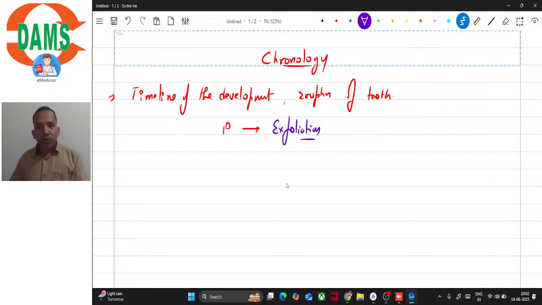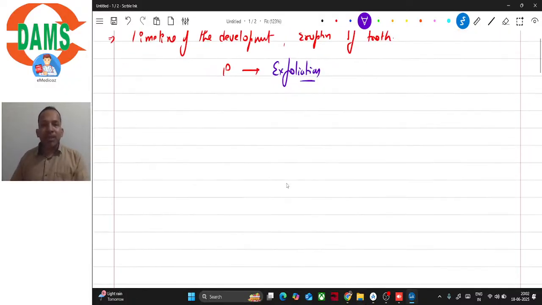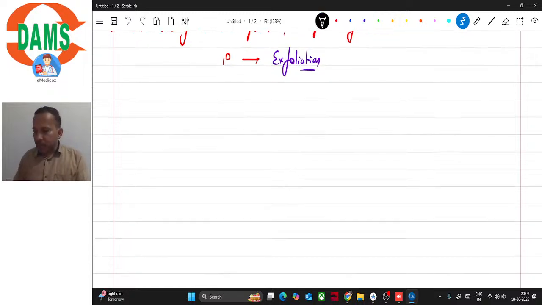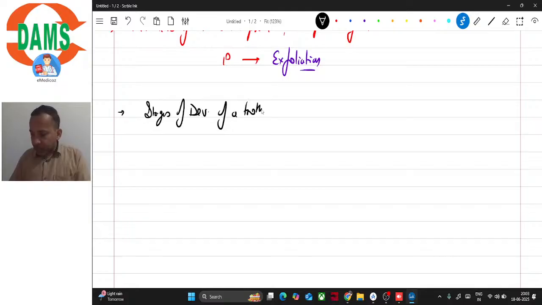So before we go to these details about these dates, let's just have a brief view of the different stages of the development of a tooth, right? So during tooth development, basically the tooth shows three morphologically distinct stages: bud, cap, and bell, right?